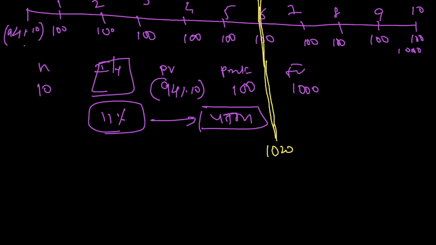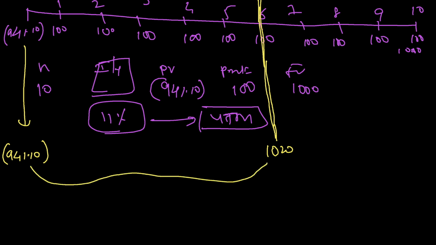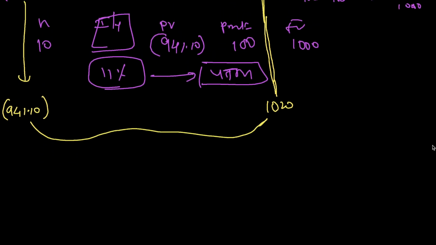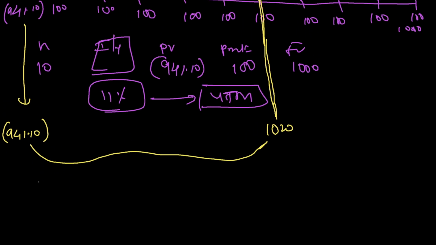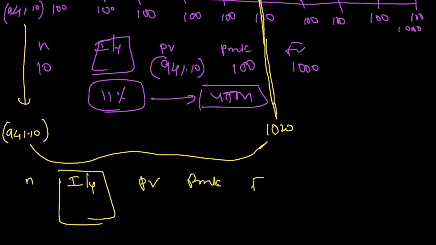So in this case, the present value is still 941.10. I will assume that as if this bond is only for this many years, that is 6 years. So based on this cash flow, I need to find out the yield. That's what it is called as yield to call. So again, let me find out the IY, that is yield, present value, payment, and future value.